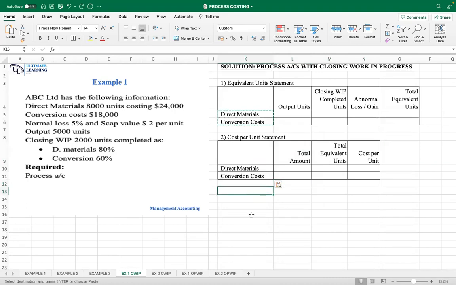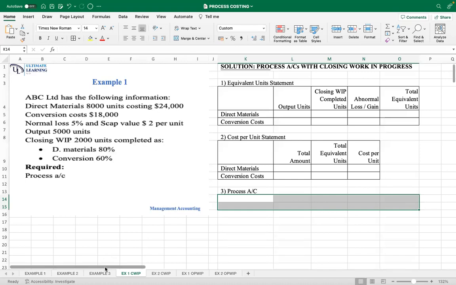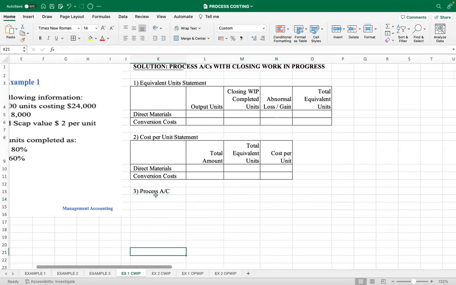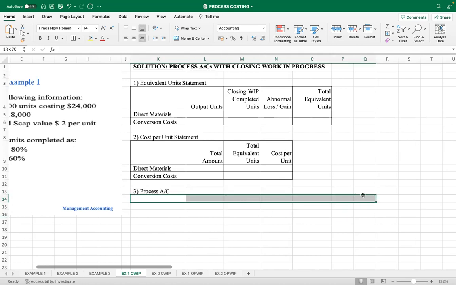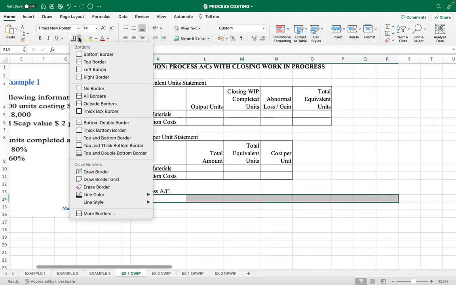And then finally, number three, we need to prepare the process account. I'm just preparing a T account, nothing much.